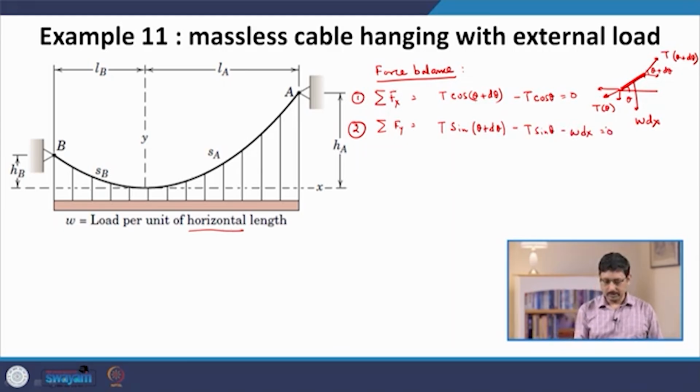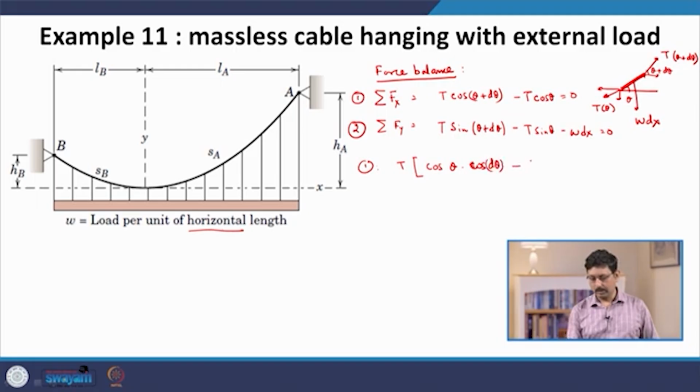So, let us take equation 1 and simplify it further. Let us apply the formula for cos(A plus B). So, we get cos theta times cos d theta minus sin theta times sin d theta minus cos theta.